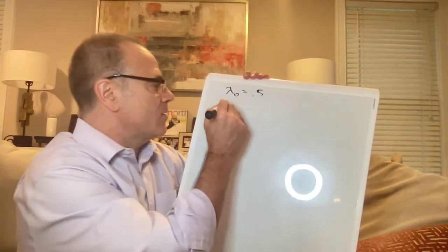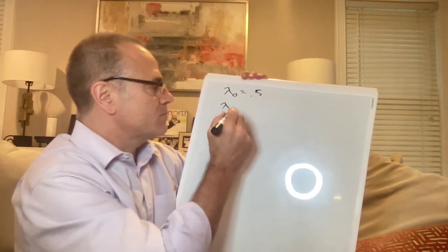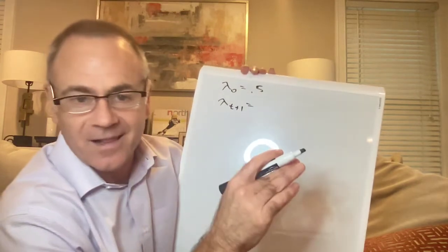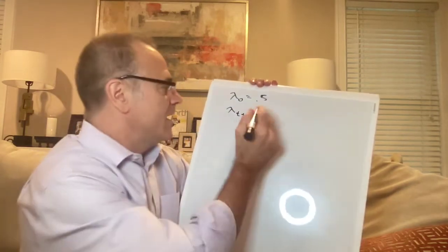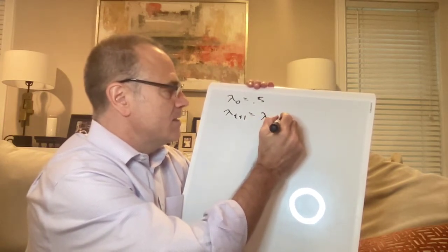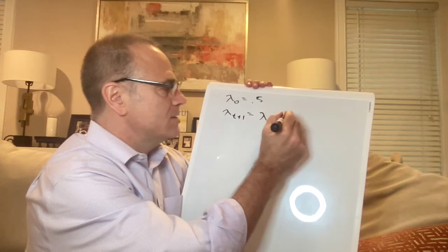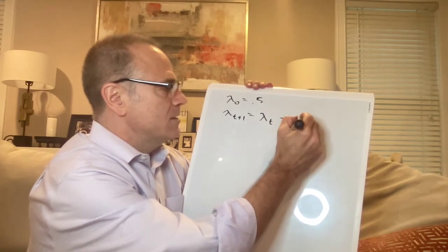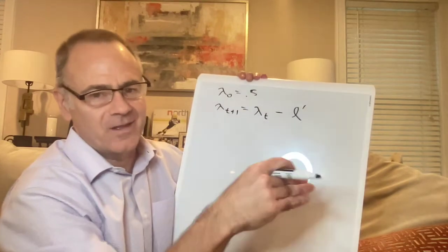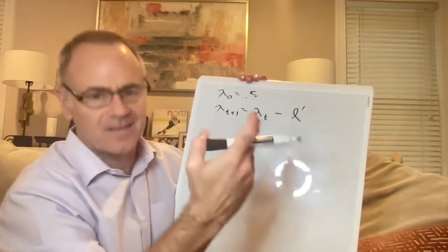And then recall that formula, lambda t plus 1. I don't remember it exactly, but I want you to go back. It equaled lambda t, I think minus, the log likelihood. Remember this, log likelihood, not the likelihood.